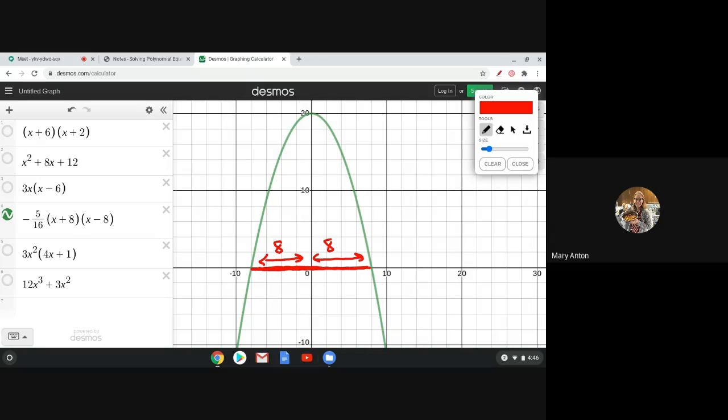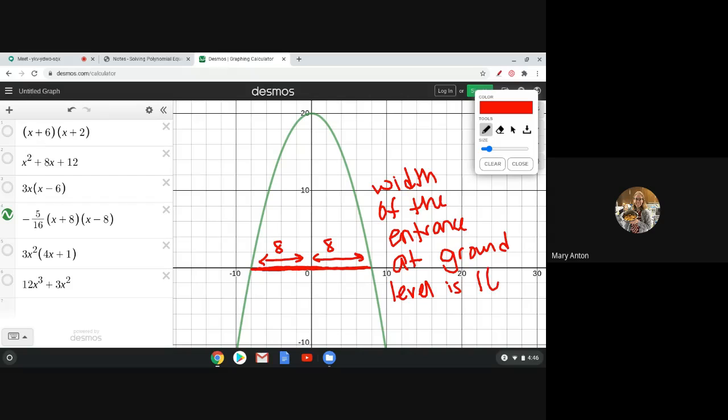So the width of the entrance at ground level is 16 feet.